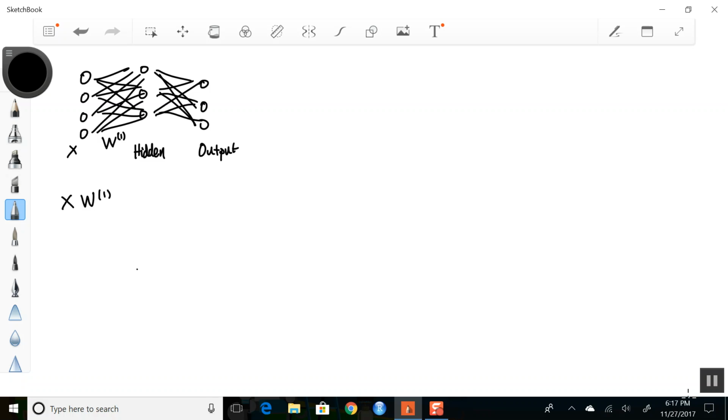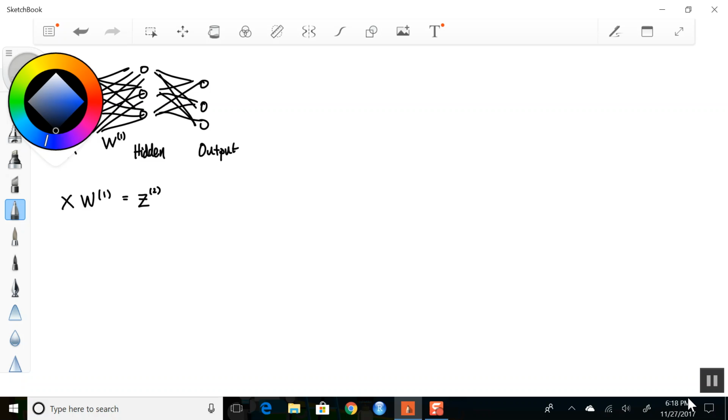times the first weight matrix, and this will become our inputs Z at the second layer, and then at the hidden layer, we will add biases.